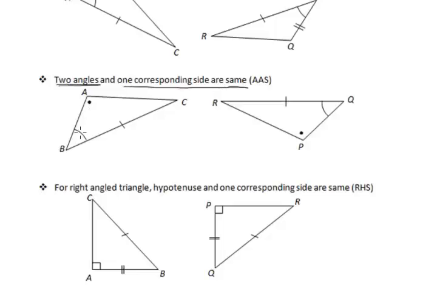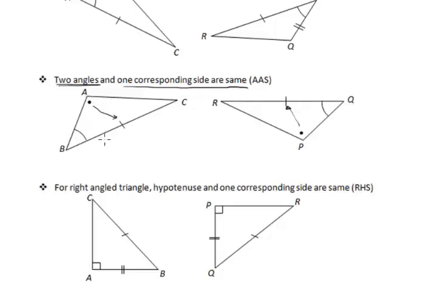Corresponding side means this angle's corresponding side is BC. So this angle's equal angle is this one, so its corresponding side is QR. So BC and QR are 2 corresponding sides.